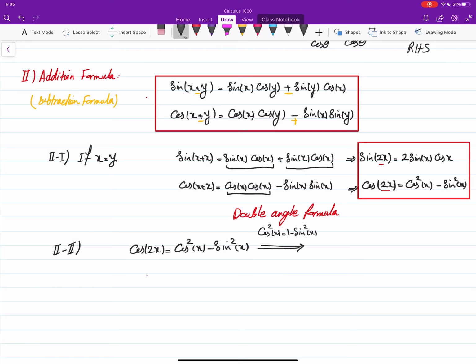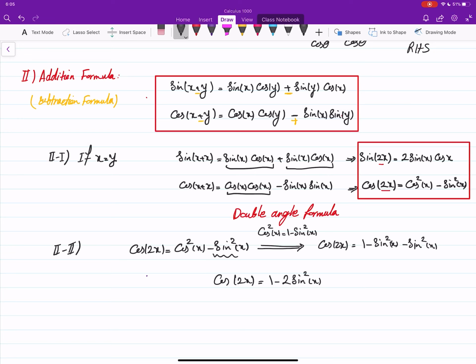I can plug it in here, so we get cosine 2x equals 1 minus sine squared x, and there's another minus sine squared there, and as a result cosine of 2x equals 1 minus 2 sine squared x.